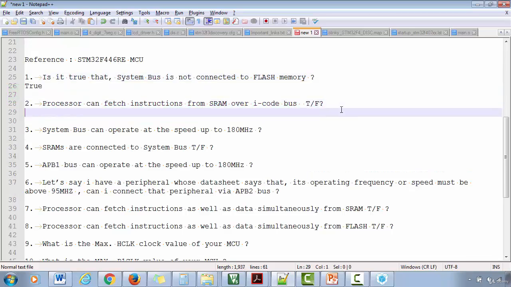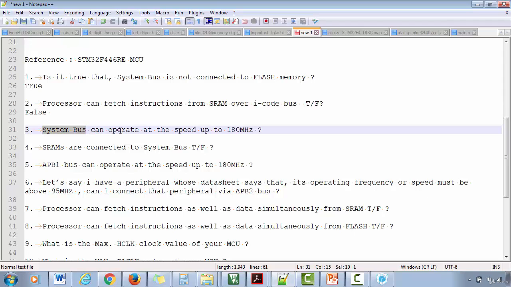For the time being, I will say this answer is false, but that is actually not entirely true. There are some advanced techniques by which you can make your processor fetch instructions from SRAM over the I-code bus. That's possible, and we'll see it later. So let's not worry about that, but for the time being, I will say false.